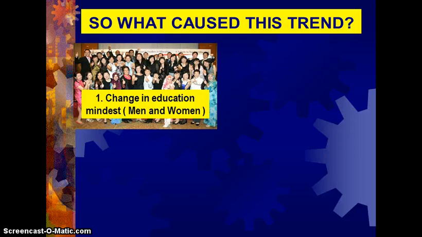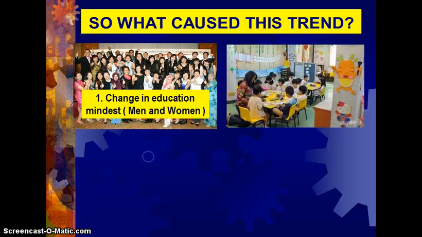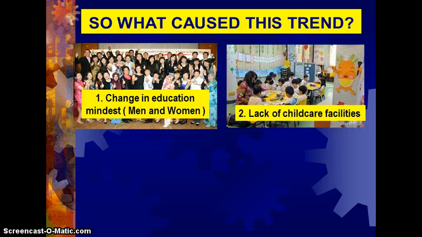As a result, they thought more of advancing their career than settling down. Two, by the 1970s, parents began to worry that if they go to work, there are fewer people to look after the children at home. So there was a need for childcare facilities, which at that time were still very lacking.